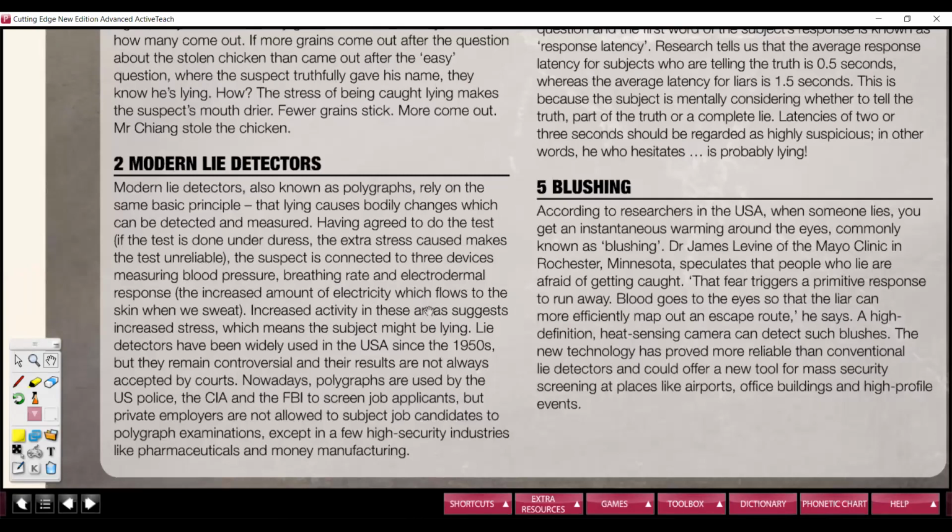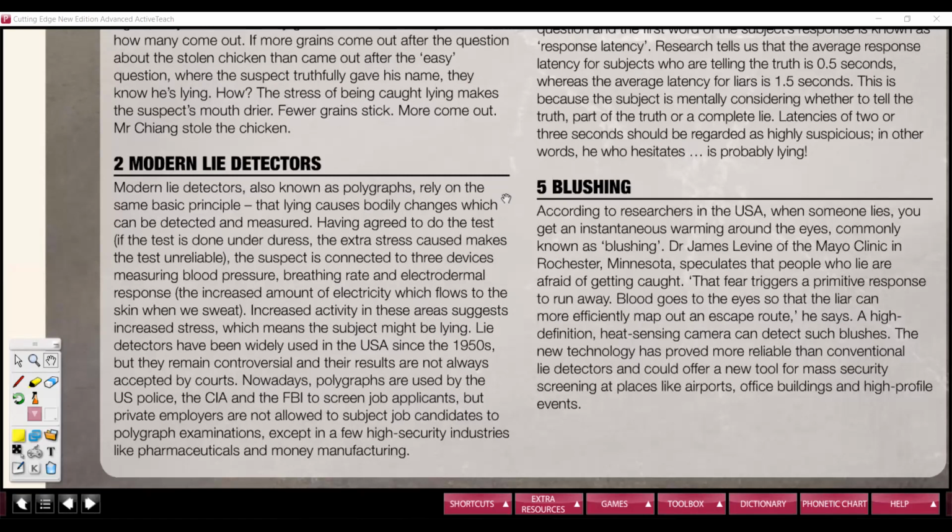Modern lie detectors. Who wants to read? Any person? Come on. Sure. Thank you, Jesse. Modern lie detectors, also known as polygraphs, rely on the same basic principle. The lie causes bodily change which can be detected and measured, having agreed to do the test.